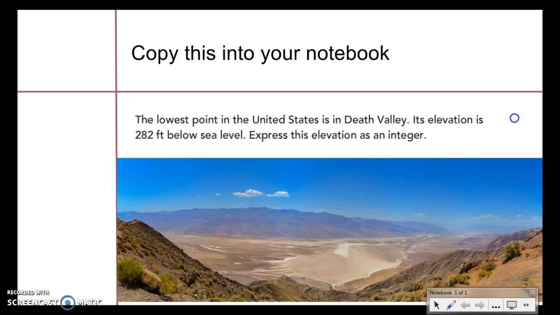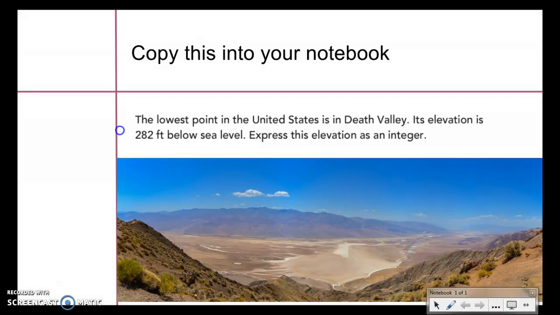If it is 282 feet below sea level, how would you write that? Okay? Think about it, write it down in your notebook. You want to also copy down the question and the sentence before you start writing random numbers down, okay? Alright, so pause the video and go ahead and copy that down.